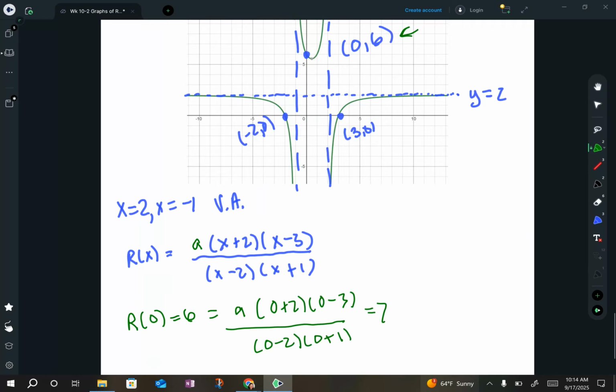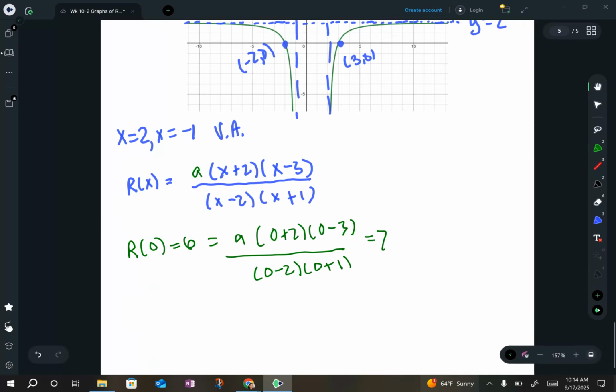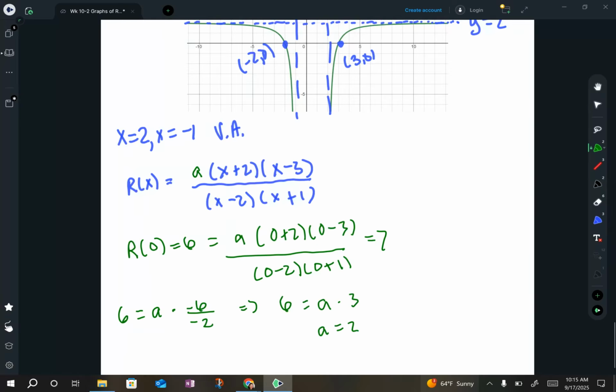So 6 equals a times, well, this is 2 and -3, so that's -6. And this is -2 and 1, so that's -2. So 6 equals a times 3. So that means a equals 2.